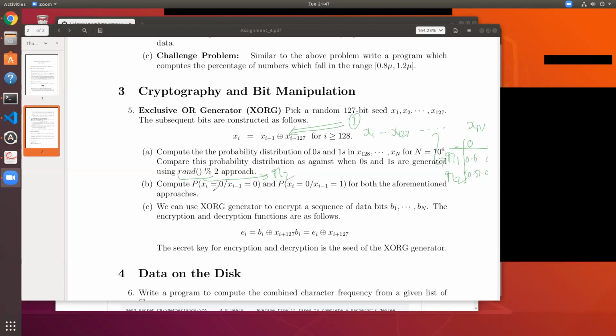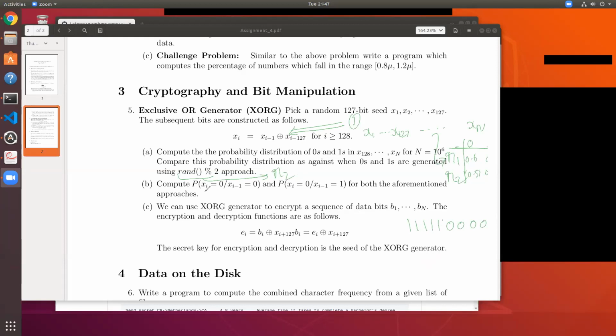Next. The second measure of randomness is, for example, if it's all 1, 1, 1, 0, 0, 0, 0, is this a random sequence? No, no. So we want to say that the probability xi is equal to 0 given current bit xi minus 1.